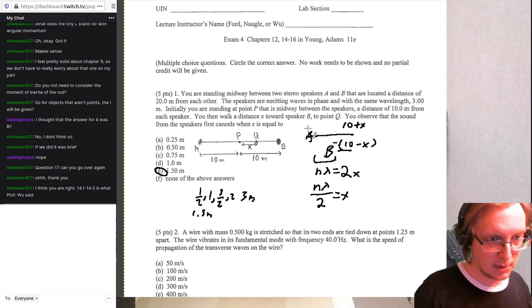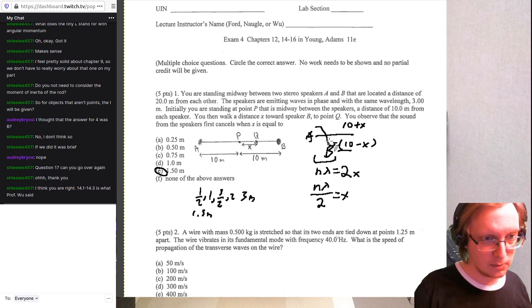I don't want that. I want them to interfere destructively, like so. Now that means I need to be half that, which means that this is not half, this is quarter. And also we want the first one, which means we want just 1 here.